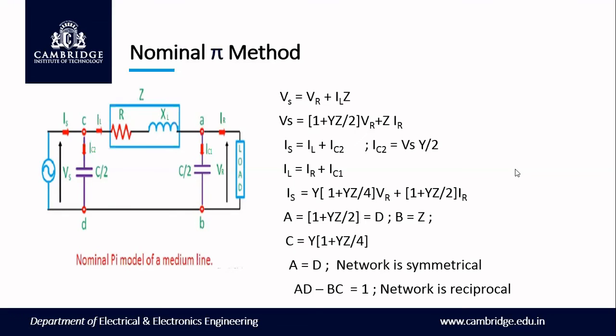D value is also 1 plus YZ by 2. B is equal to Z and C is equal to Y into 1 plus YZ by 4. So since A is equal to D, the network is symmetrical, and AD minus BC is equal to 1, then the network is reciprocal.